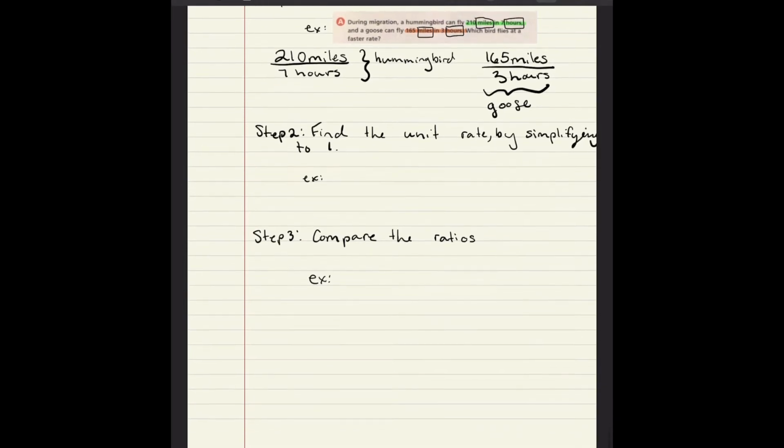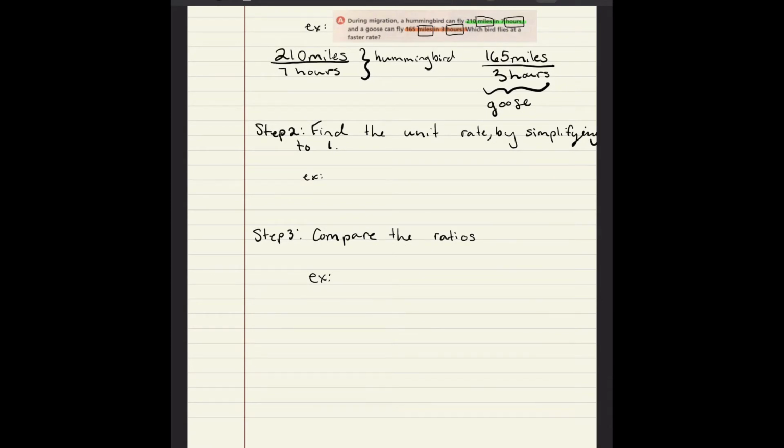Now we need to find the unit rate by simplifying to 1. So we have 210, I'm just going to do M this time, and 7 HR for hours, and then 165 miles, we can't forget to use our labels, over 3 hours. So I need to find the unit rate by simplifying to 1.